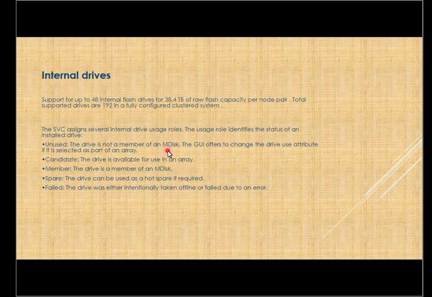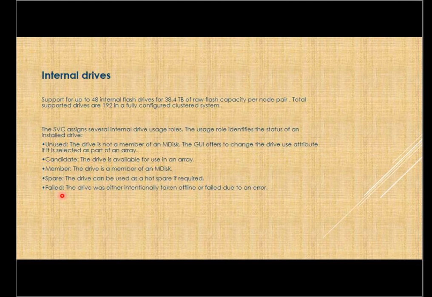Member is a state where the drive is a member of an MDisk. When a drive is a member of an MDisk, it goes into a member state. Now spare state: the drive can be used as a hot spare if required. I think most people might know what a hot spare is. When a drive gets faulted, the data is copied to another drive, and that kind of drive is a hot spare drive. So that drive becomes a part of the RAID array.